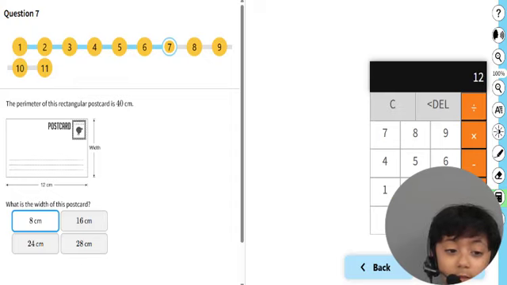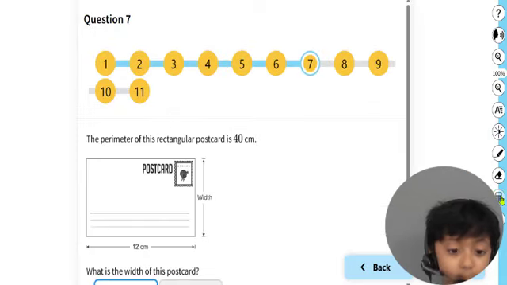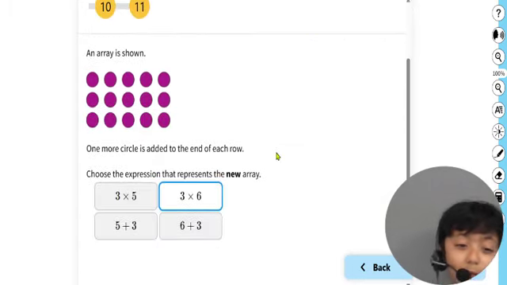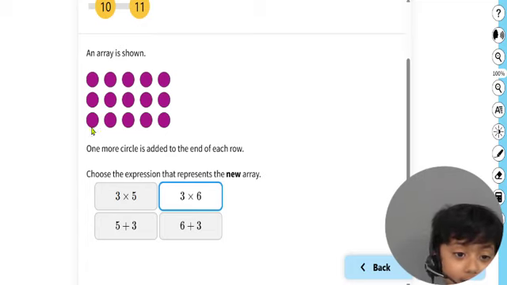The perimeter is 12 plus 12 plus 8 plus 8, which is 40. The array, if we add one more circle, would be 6, 6, and 6. 3 sixes, meaning 3 groups of 6 circles.